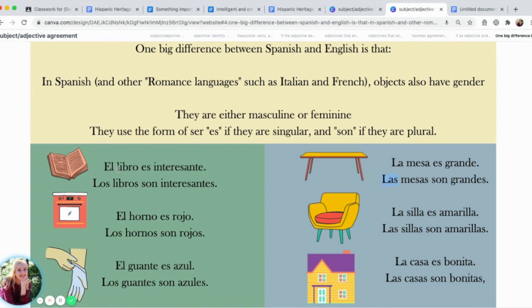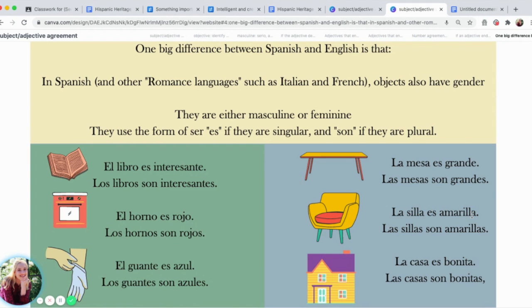So we have to make sure, for example, if we're just describing the color of an object, if we have a male or masculine object, el horno es rojo, see how rojo ends in O. Whereas here, when we're saying, well, the chair is yellow, la silla es amarilla, we're ending that with A. You can also say roja or amarillo.